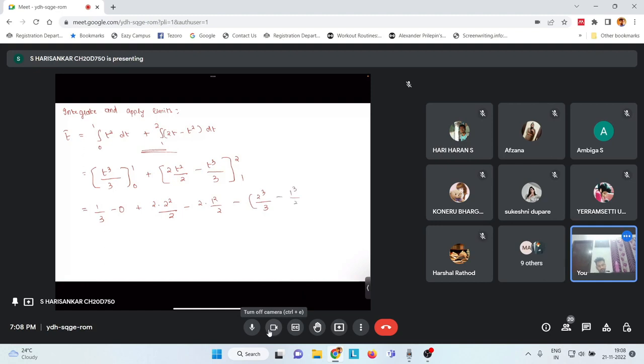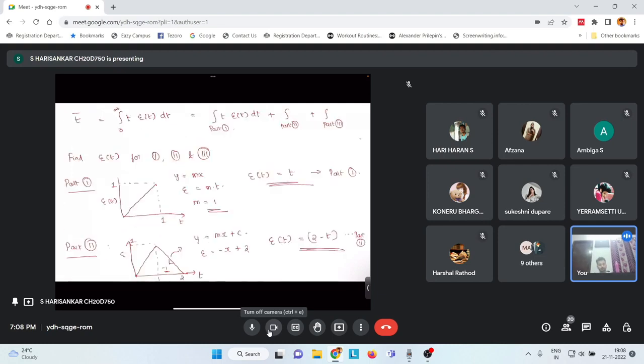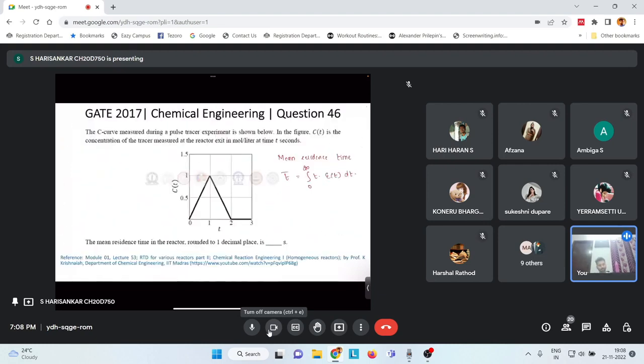If we do this mathematical operation, we'll get the final residence time t bar equal to 1 second. So the required mean residence time here will be 1 second.